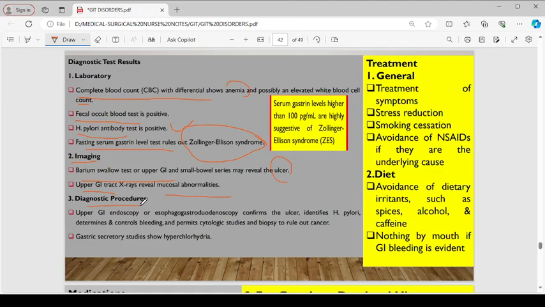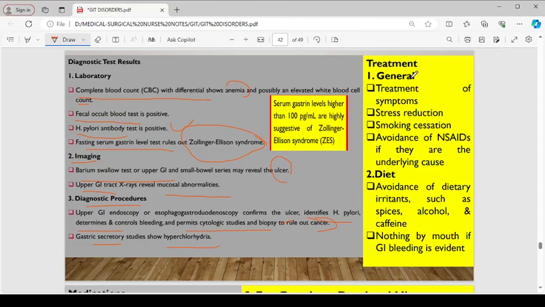In diagnostic procedures, upper GI endoscopy or the EGD, esophagogastroduodenoscopy, will confirm the ulcer, will identify the H. pylori, and will determine and control bleeding and permits cytologic studies and biopsy just to rule out cancer. We also have gastric secretory studies that may show hyperchlorhydria.